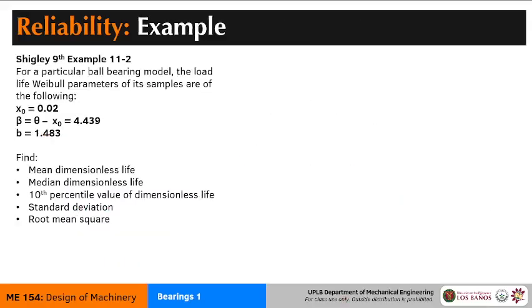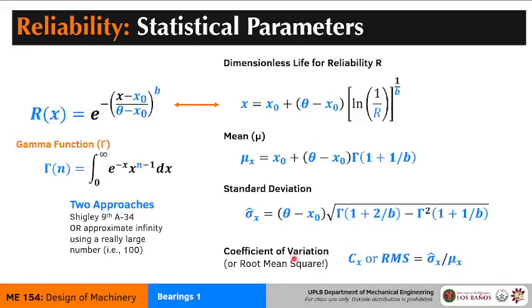So what you have to do is first go to the A-34 table, compute for this 1 plus 2 over b or 1 plus 1 over b, and then find the corresponding gamma function value. Now, what if you don't find the exact 1 plus 1 over b or 1 plus 2 over b? Then you know what to do.